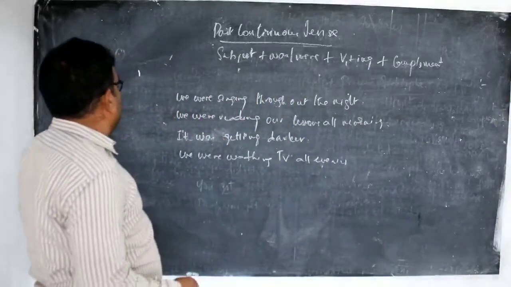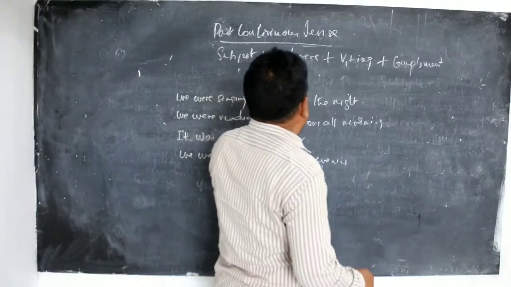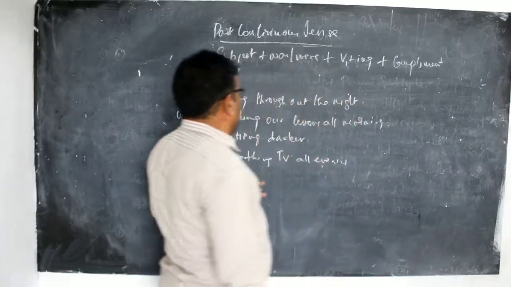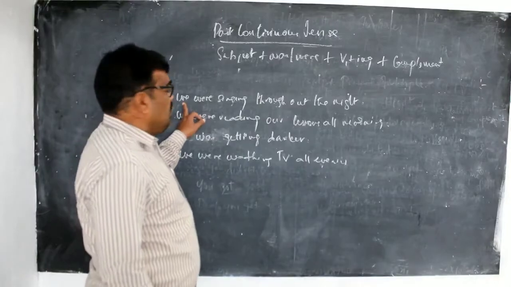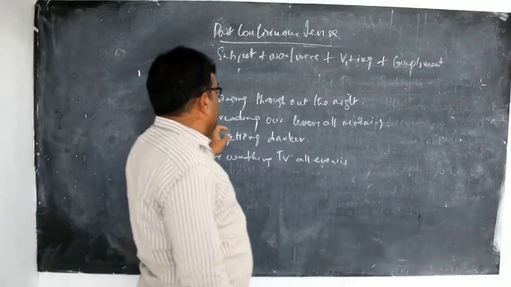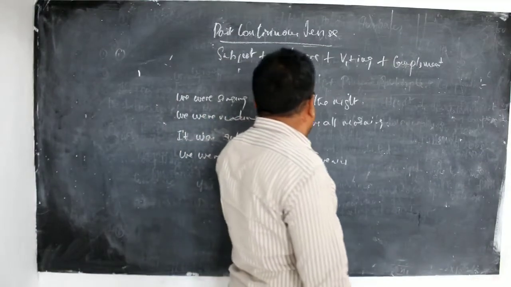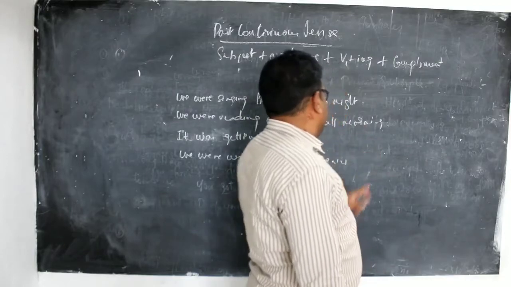Example, we were singing throughout the night. Because the subject is plural, we have used were. Another example, we were reading our lessons all morning.